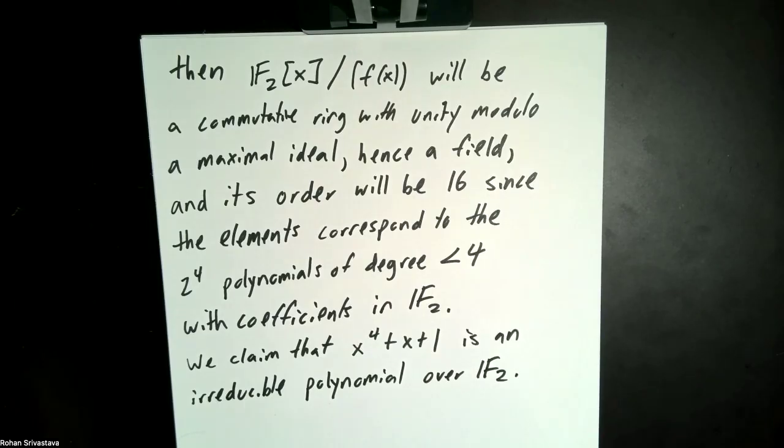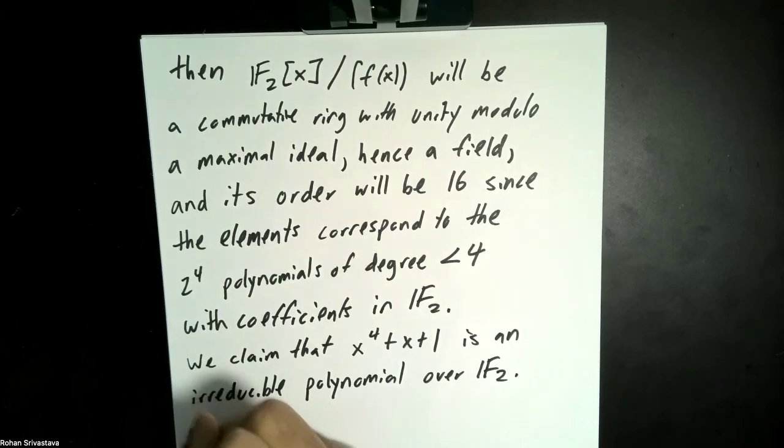And since it's degree 4, there are only really two ways it could factor. It would either have to have a linear term and therefore a root, or it would have to factor as a product of two degree 2 polynomials.